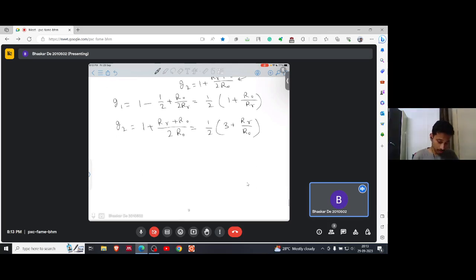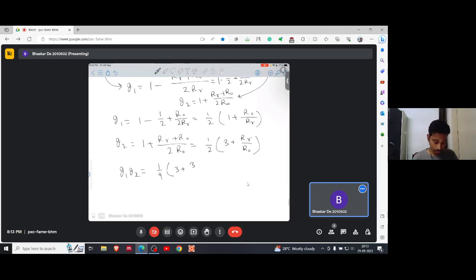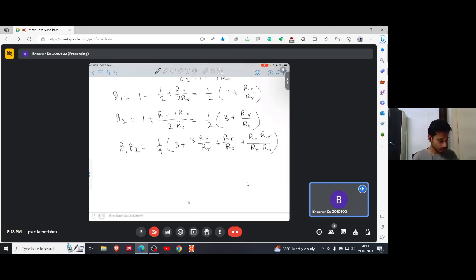Then we will multiply g1 and g2, and we will have 1 by 4 of (3 plus 3r0 by rr plus rr by r0 plus 1), which equals 1 by 4 of (4 plus 3r0 by rr plus rr by r0).